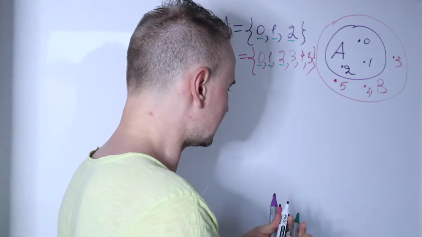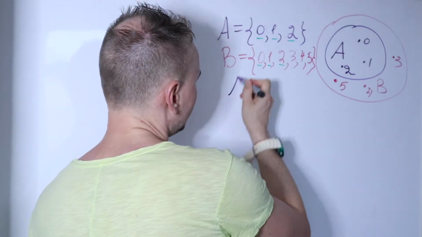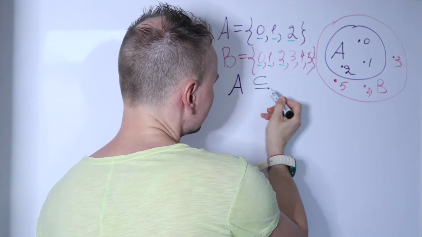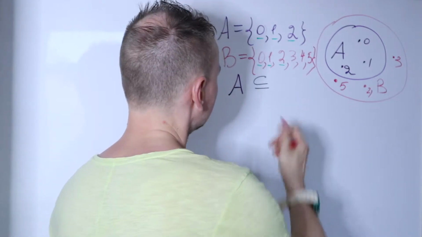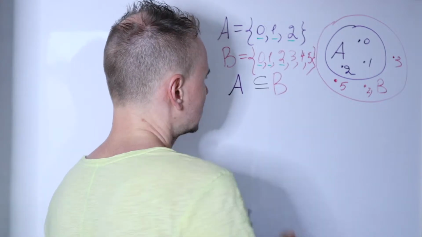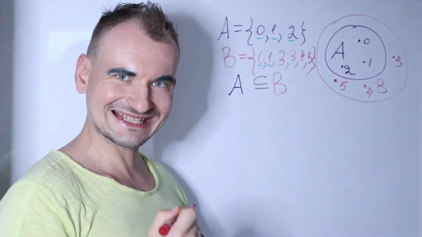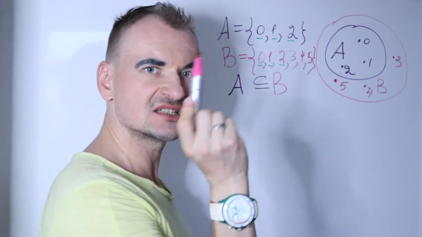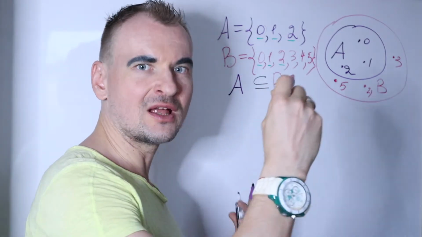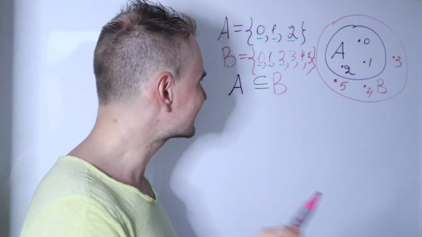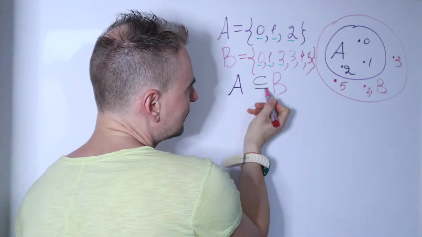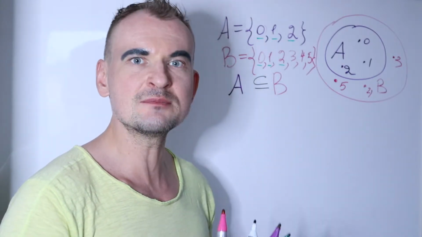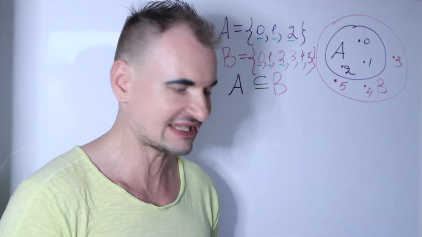In this case, we would write A and use this symbol, which is called subset. It's a sideways letter U, lying on one side with a small bar underneath. That symbol is taken to mean a subset.